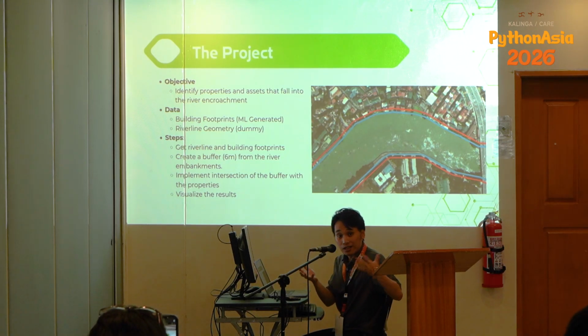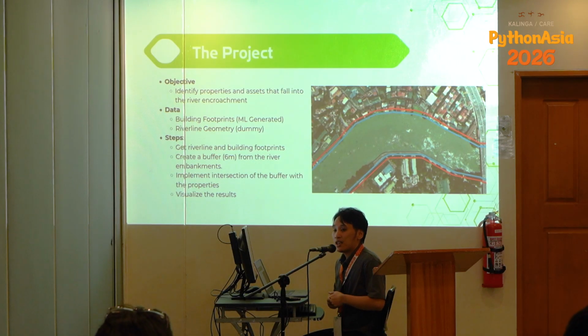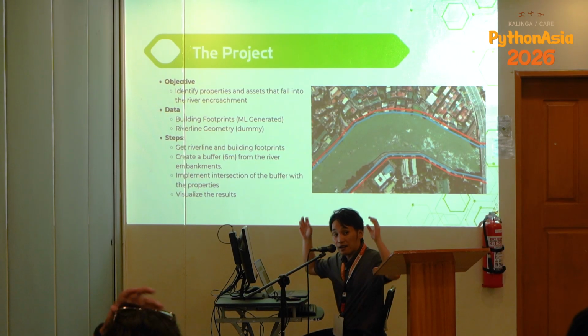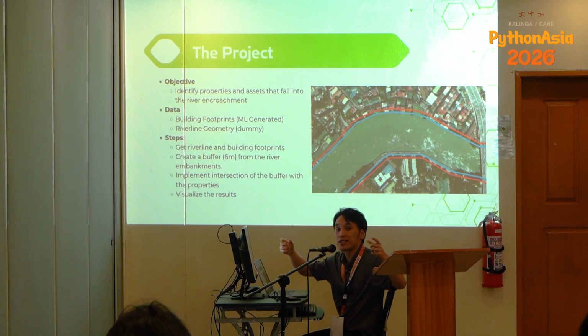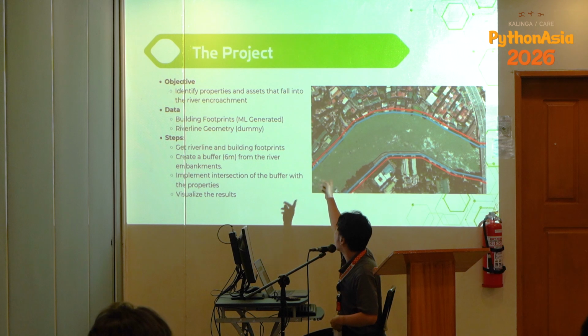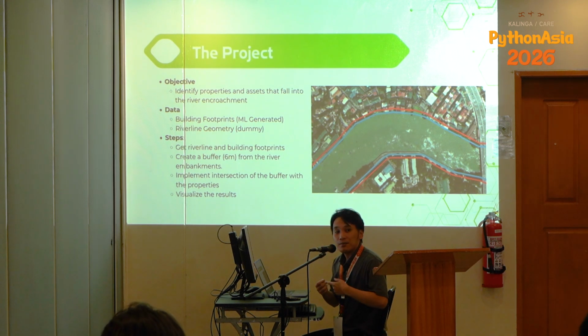Because in a real world scenario, if there is intense rainfall, your rivers get inundated. So, nagsispill over siya. And it will affect those properties. And sometimes, in national government, right, merong tayong mga laws and standards wherein you cannot build a property 3 meters, 6 meters, 10 meters from that river baseline mo.